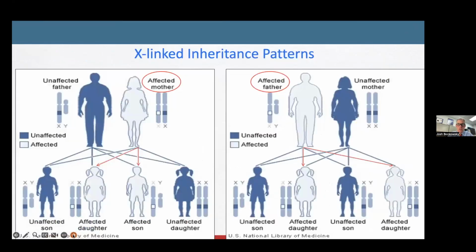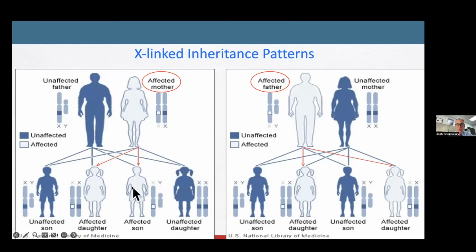So this is just a reminder that the fact that it's on the X chromosome affects the patterns of inheritance and affects the risk. So, for example, if a mother has the gene variant or has ALD, then she can pass it on to her son or to her daughter.